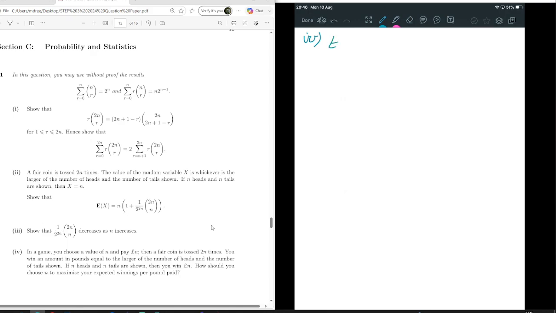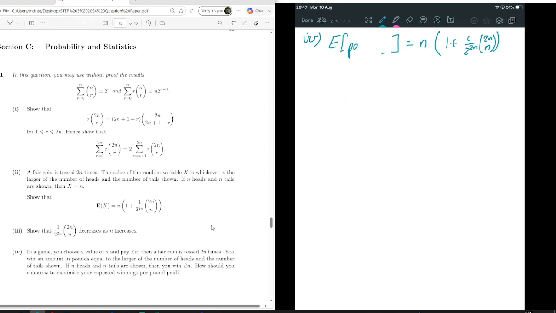So our expected payout is exactly what we've already got from above, 1 plus 1 over 2 to the 2n choose n. So we want to maximize. I shouldn't call that winnings really.